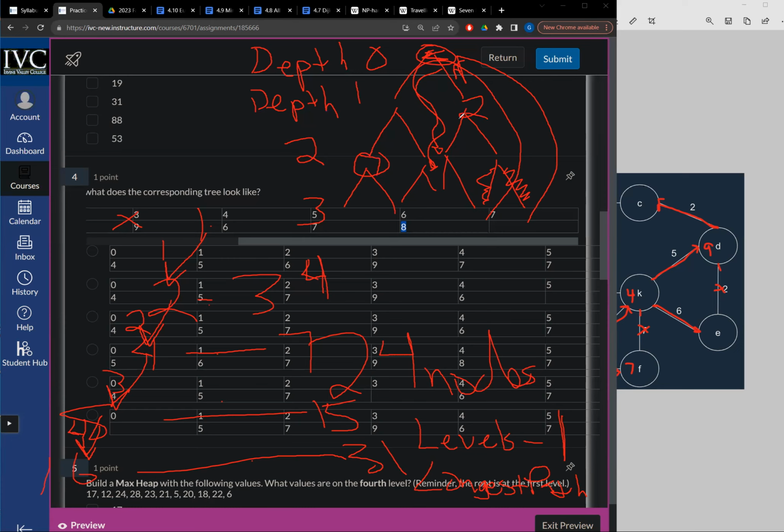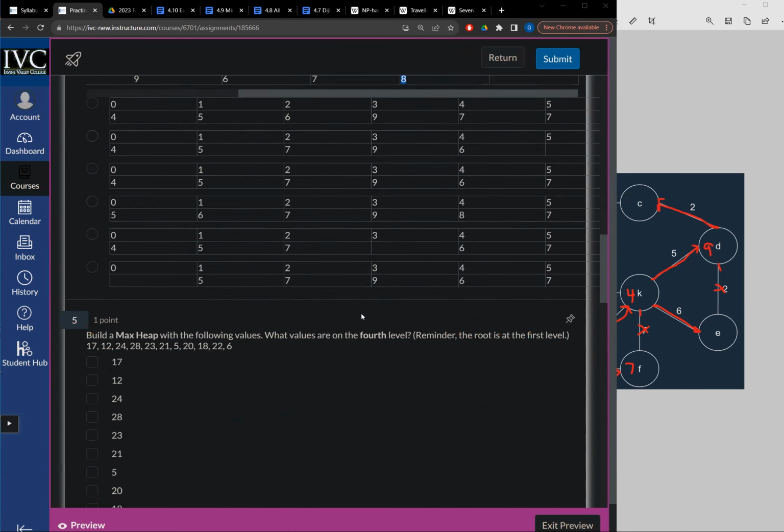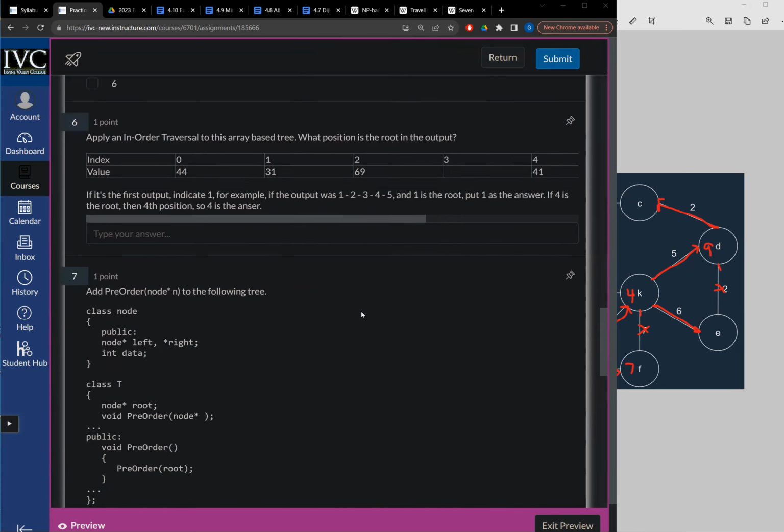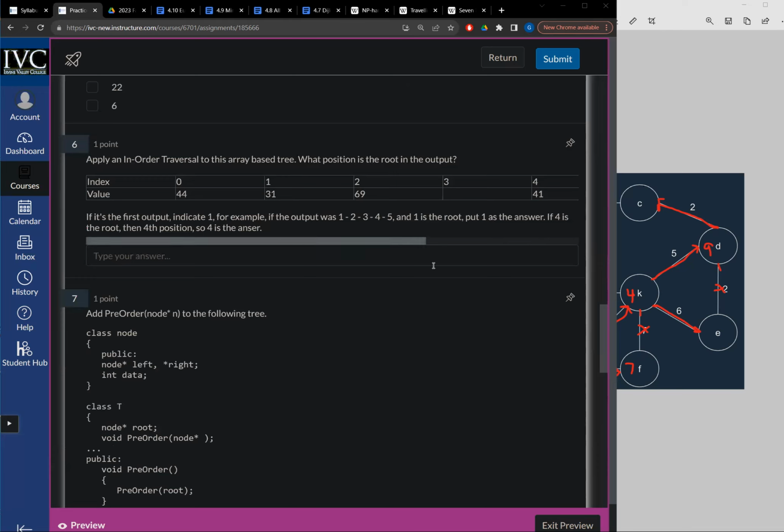Any other questions for the test? Draw the number 6. Number 6. Right, so first level, second level, and I'm going to mess it all up because I'm going to scroll.